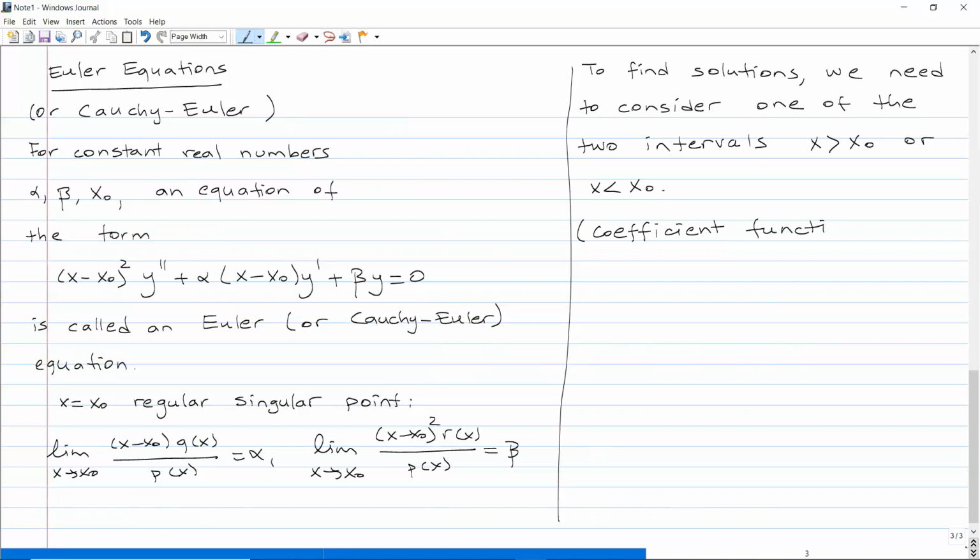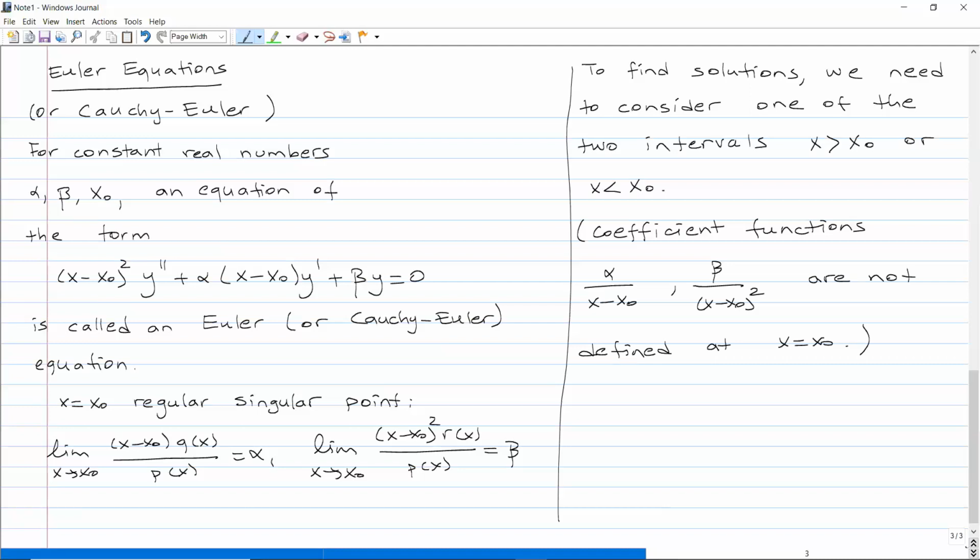Remember when we consider a linear equation, the coefficient of the highest derivative should be 1. So we need to divide by x minus x0 squared, and the coefficient functions alpha over x minus x0 and beta over x minus x0 squared are not defined at x equals x0. So we need to consider the differential equation in the interval where x is greater than x0 or on the interval where x is less than x0.